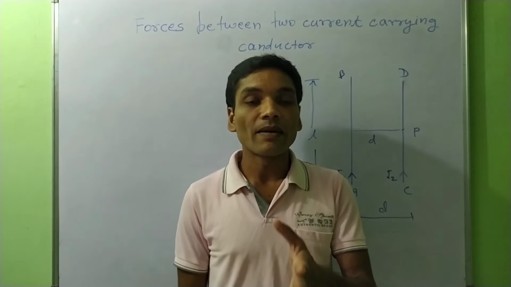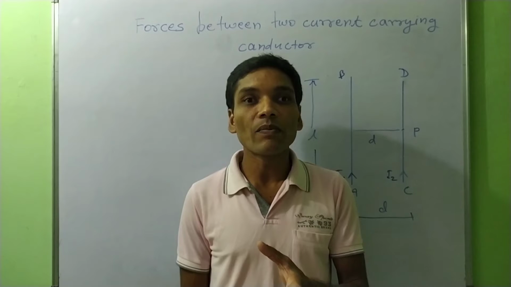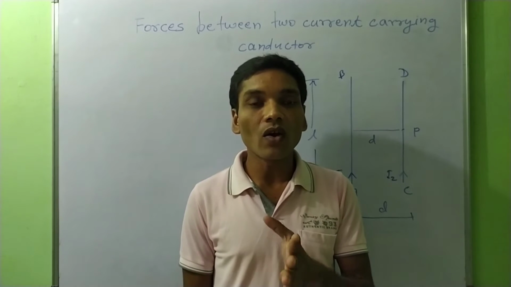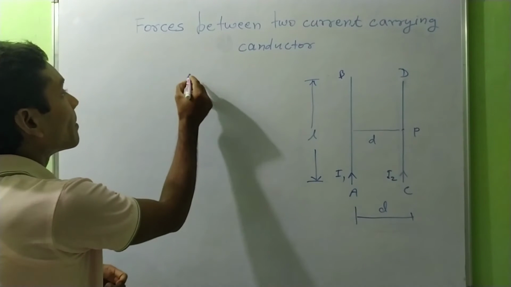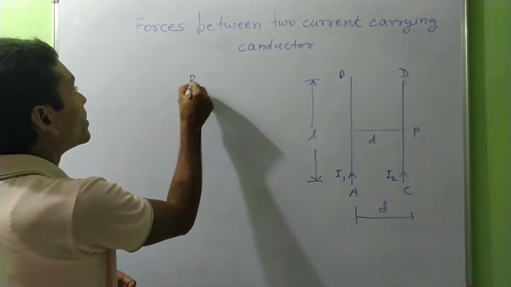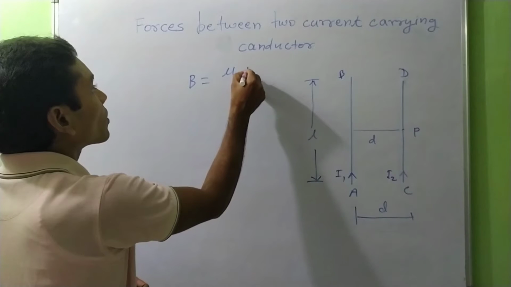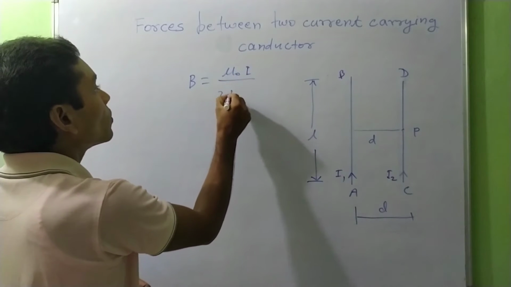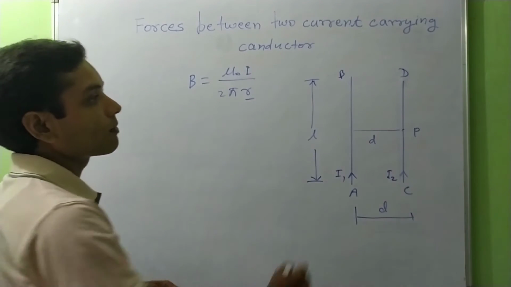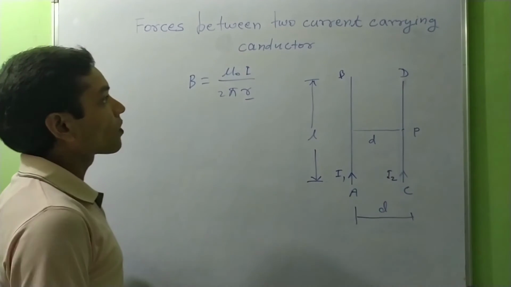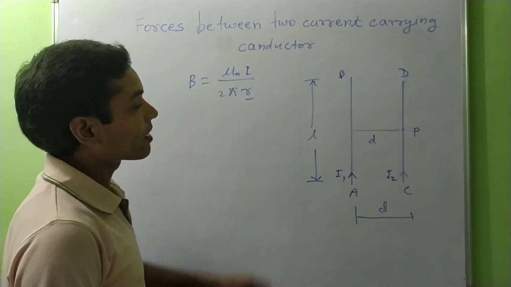We know that the magnetic field near a straight long current carrying conductor is given by B equals mu naught I upon 2 pi r, where r is the distance of the observation point from the conductor.